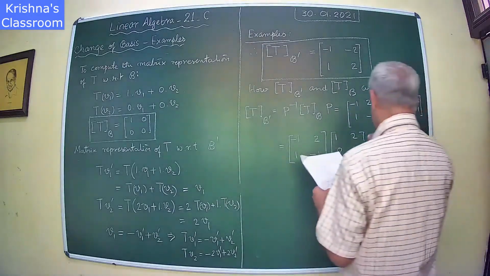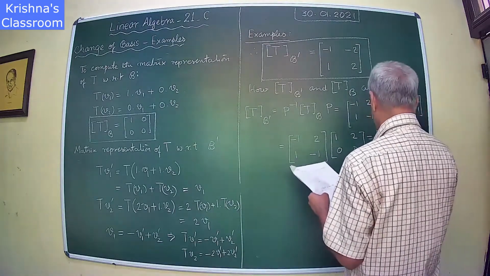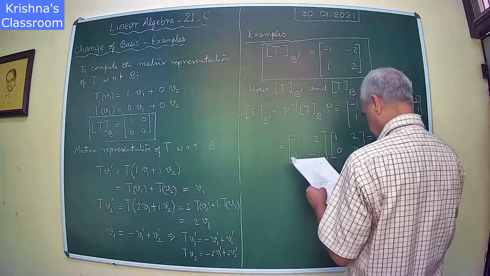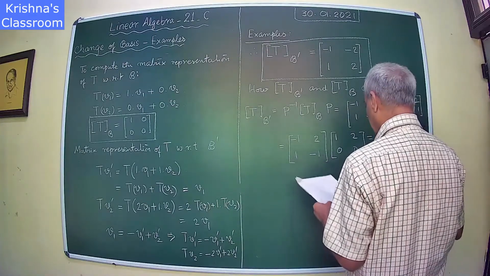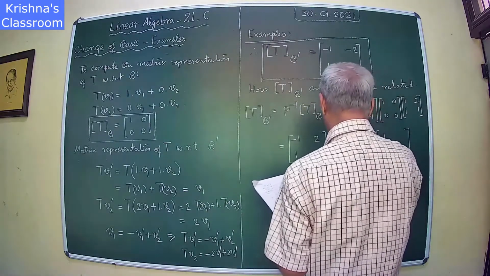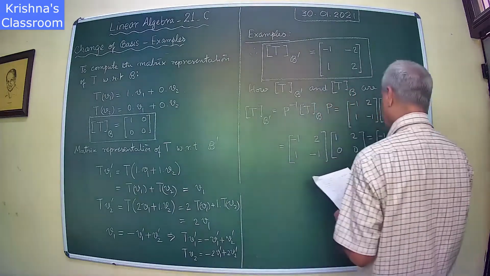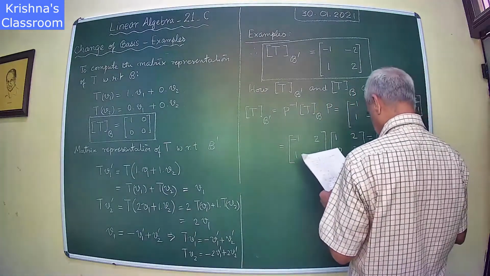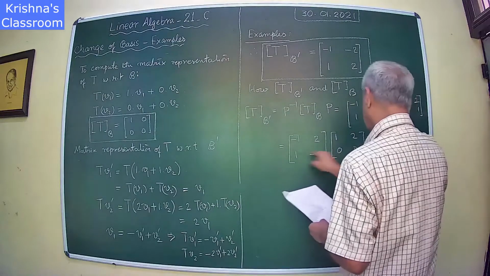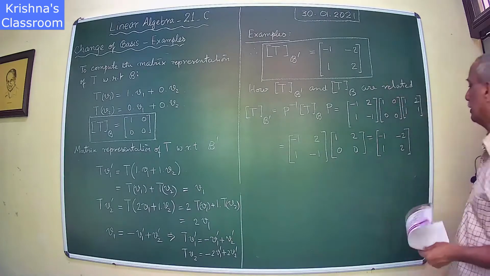And further multiplying, then you get minus 1, and you get minus 2, then 1, and this is exactly what we computed there.